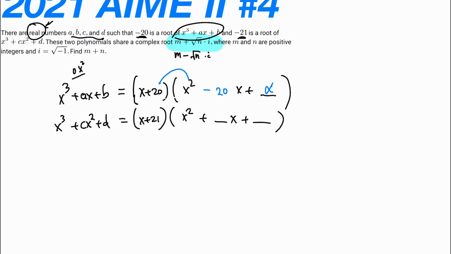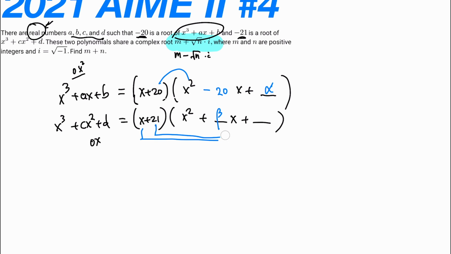Well, let's take a look at this one now. This one does not have an x term, which means that, let's see, if we let this be beta, because we don't really know, there are two ways. We can have 21 times something x and x times something constant. Those can both make a linear term.